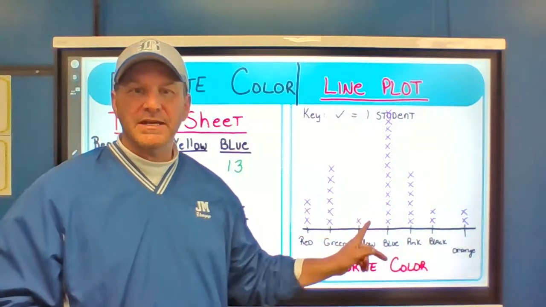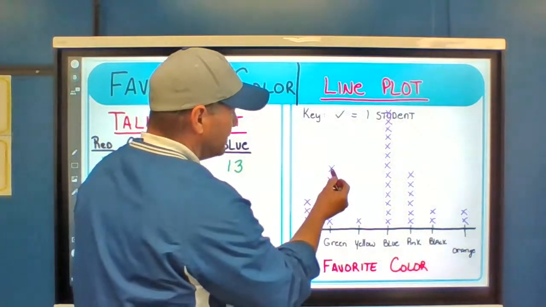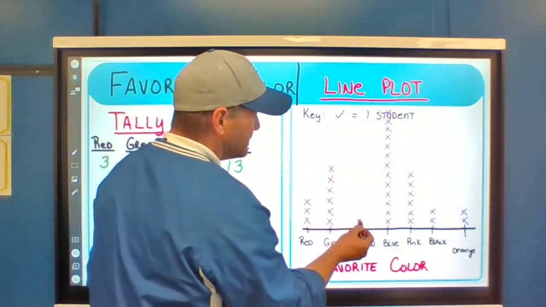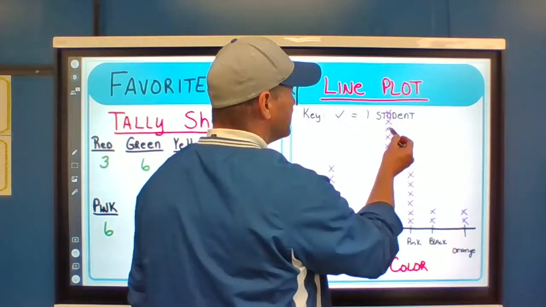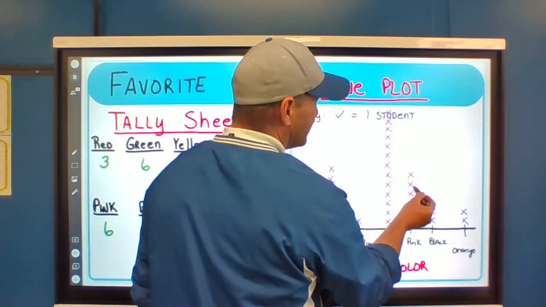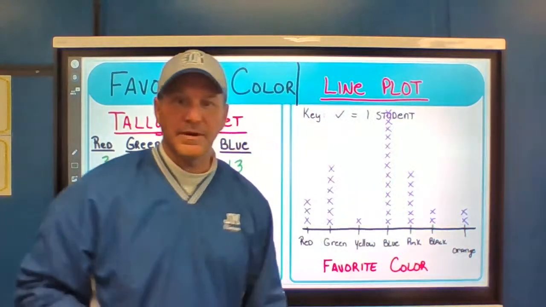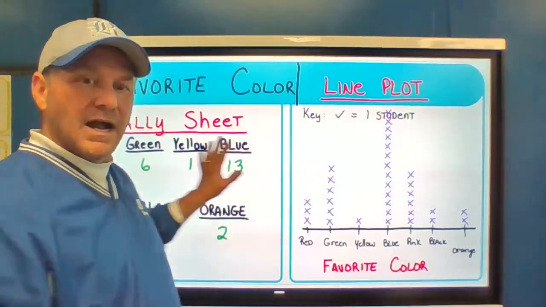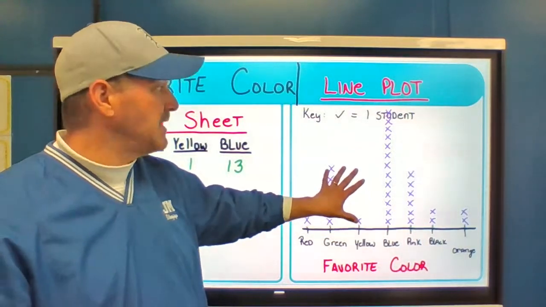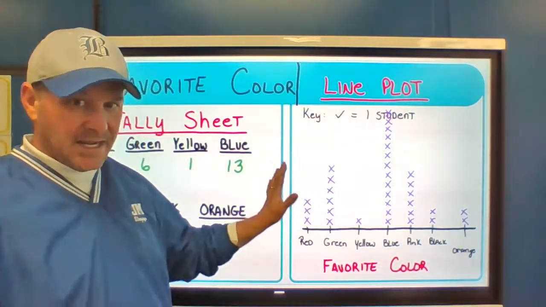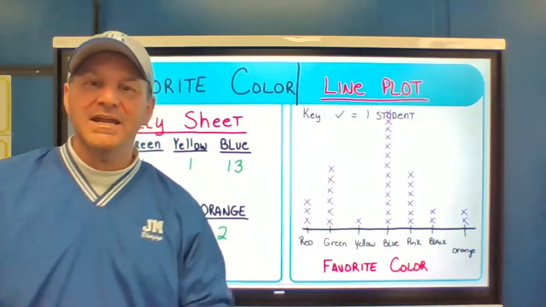There should be 33 X's over here because 33 of you participated: 1, 2, 3, up through 33. So I know that I had 33 students that participated, and all that data is represented accurately over here. Again, once I'm looking at my data and my line plot, I can answer questions.